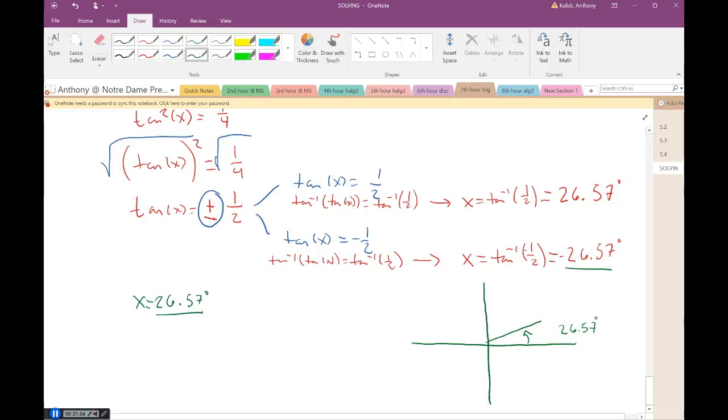It's not between 0 and 360, right? So what can I do to that to get it in a value between 0 and 360? Just add 360. Yeah. So that's 333.43.